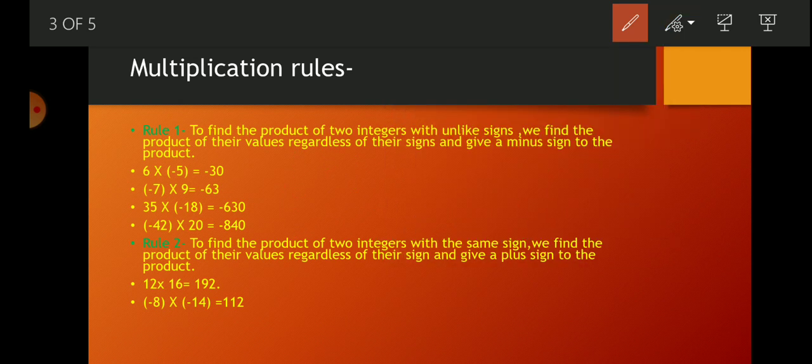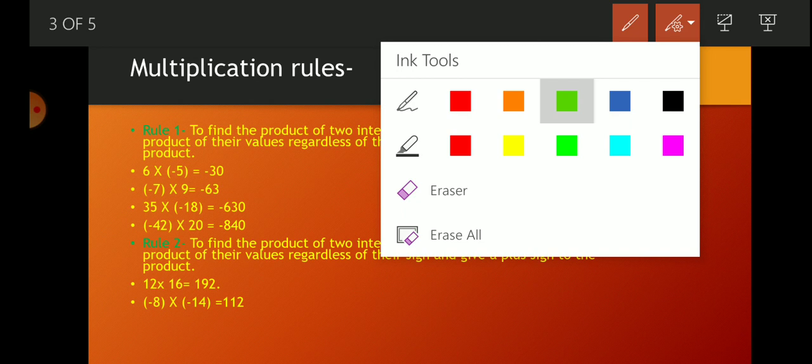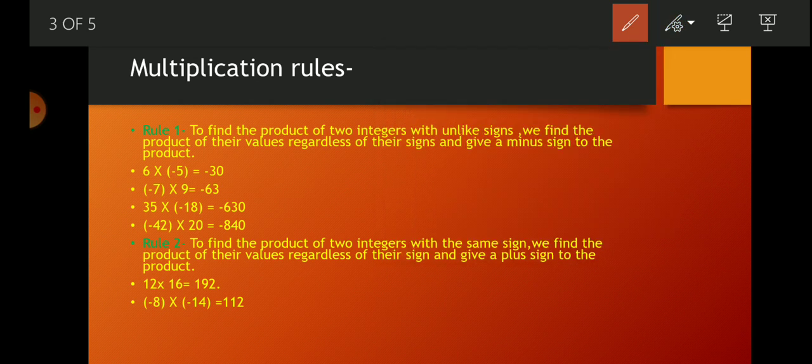Let's see with examples. If we have 6 multiplied with minus 5, our answer will be minus 30. Minus 7 multiplied with 9. Here again we can see one integer is negative and the other one is positive, so our answer is negative: minus 63.